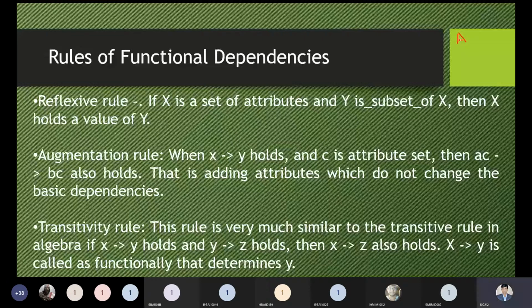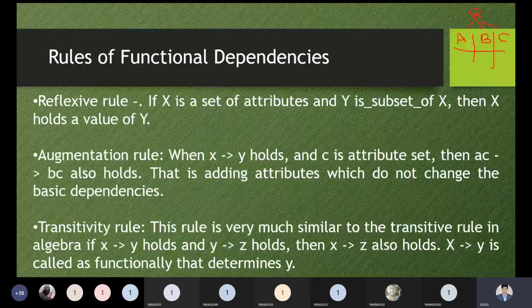Now, in a relation R, suppose we have three attributes, A, B, and C. Whether the relation contains one attribute or more than one attribute doesn't matter. But the point is that any attribute which is functionally dependent on another attribute, so we can say it is a functional dependency.